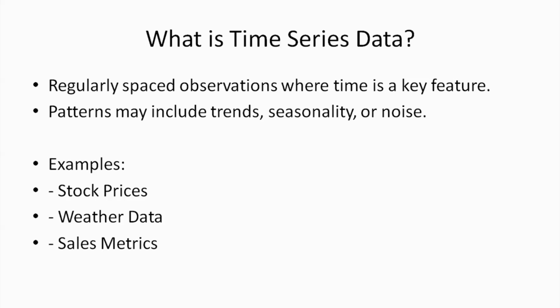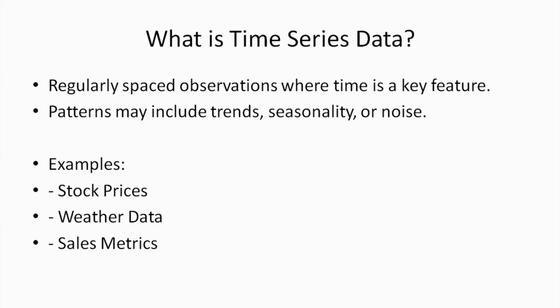These are mostly regularly spaced data sets where time is an important factor, and we record this data set for finding patterns that may include the trend of the business, seasonality, or noise in the data set. Examples of time series data exist everywhere, like stock market prices, daily weather forecast data sets, and even population growth data sets, etc.